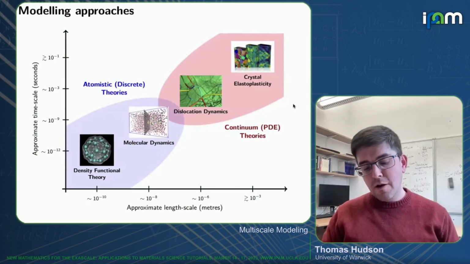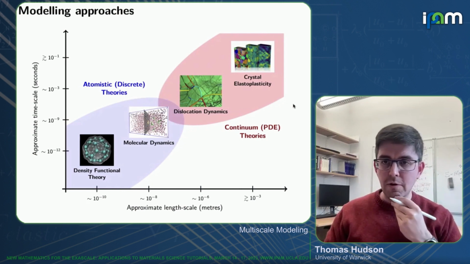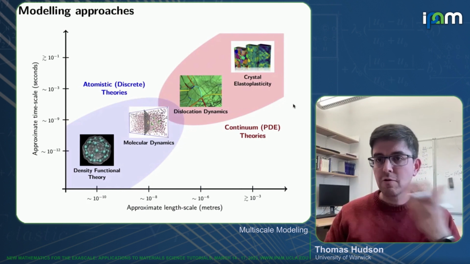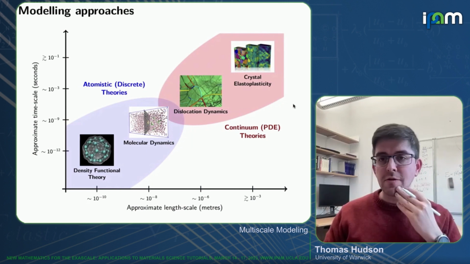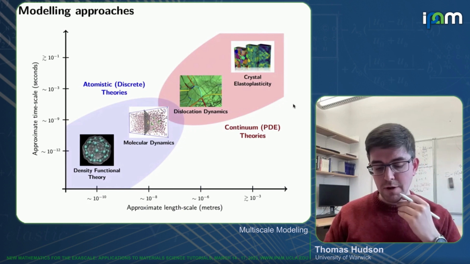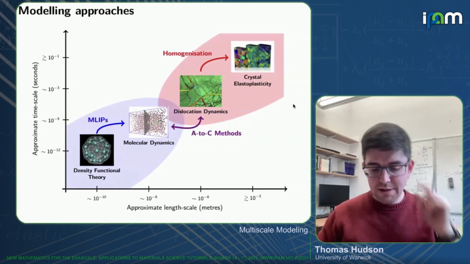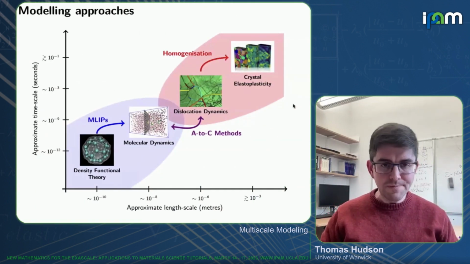And at these higher length scales, we have to resort to PDE models where we've forgotten about nuclei and we're describing things through fields, such as deformation and displacement fields: continuum field theories. And so obviously we can ask, what connections can we make between these different levels of theory?